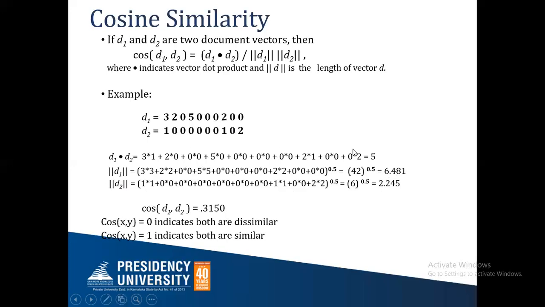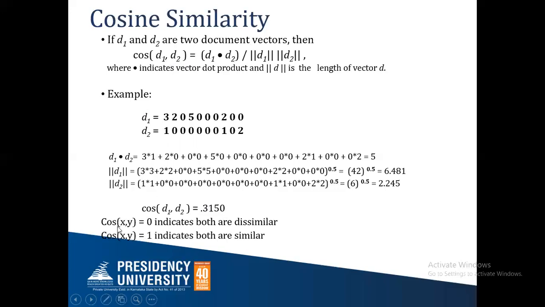Substituting the dot product 5 and the lengths of d1 and d2 in the formula for cosine, cos(d1, d2), we get 0.3150. You can substitute, calculate and verify. So this is for the given example. What do we understand?